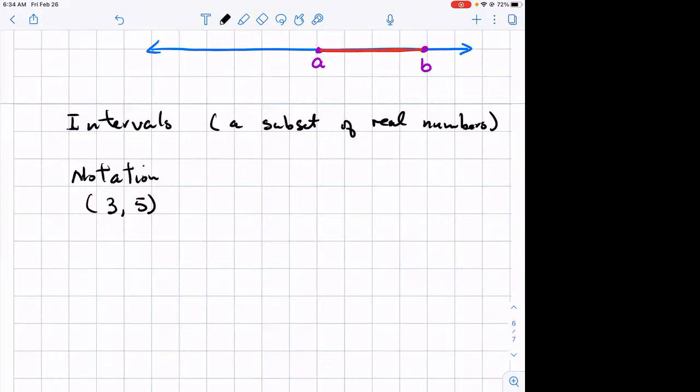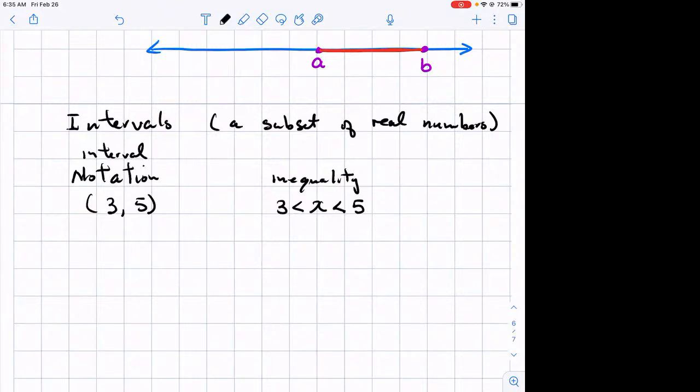This is an interval. So maybe we should write interval notation. And if you write this as an inequality, you can say that x is less than 5 but greater than 3.